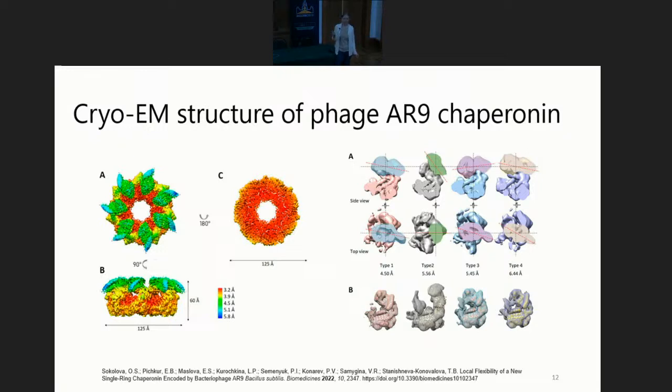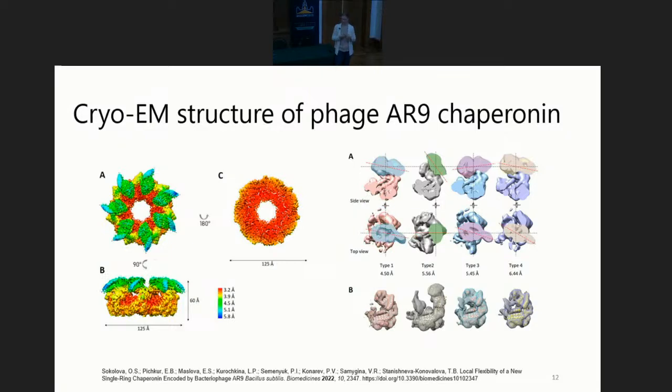Although using cryo-EM, we were able to observe some sort of heterogeneity within the sample, and we described four types of subunit conformation. Again, here we are talking about the apo state, so without any addition of nucleotides. You can see here that they are mostly different in the positions of the apical domain and intermediate one.